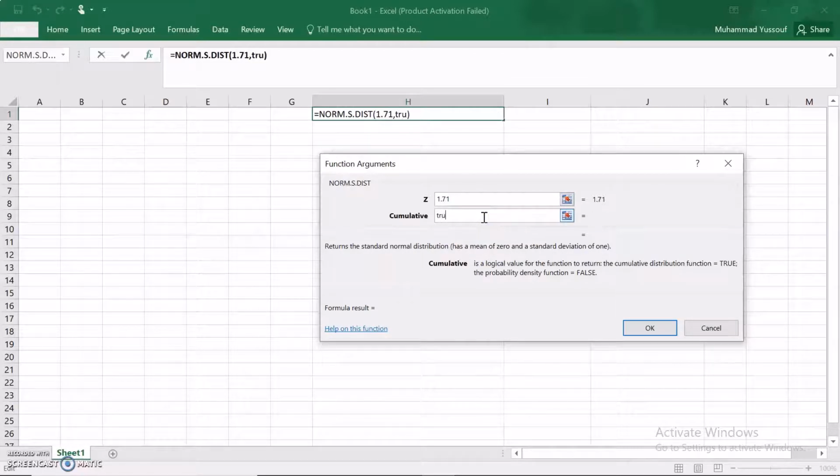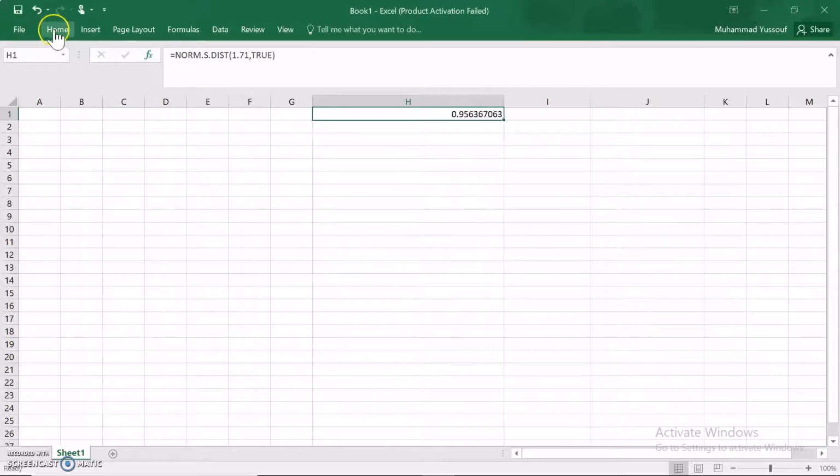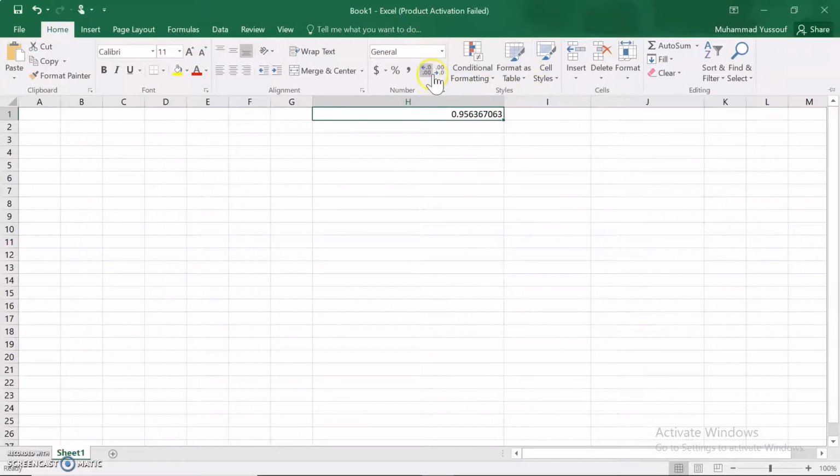Yes, we are. So the answer comes out to be this. Let's round it to 4 decimal places, because our table consists of 4 decimal places. So 0.9564 is the answer, the same answer as we have in the table.